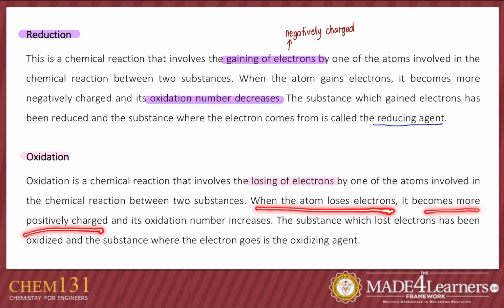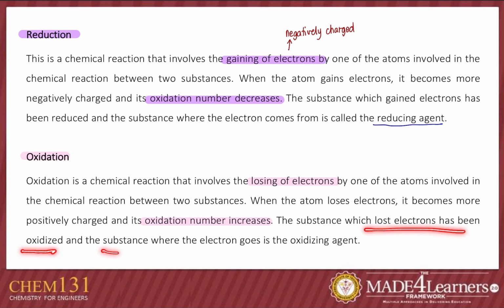The substance. And its oxidation number increases, because it becomes more positively charged. So, its oxidation number increases. The substance which lost electrons has been oxidized, and the substance where the electron goes is called the oxidizing agent.